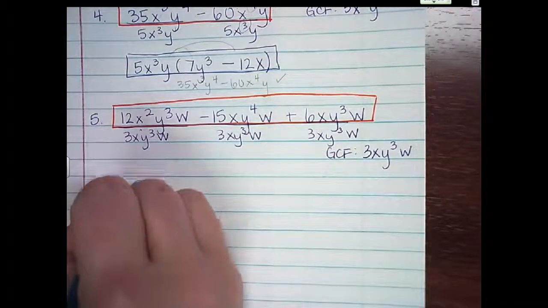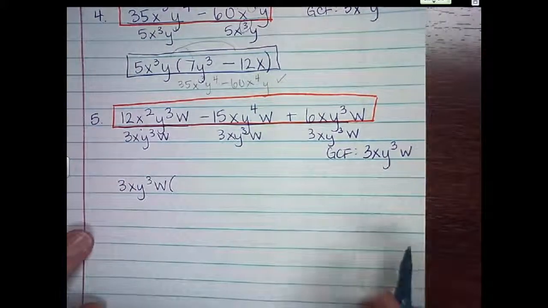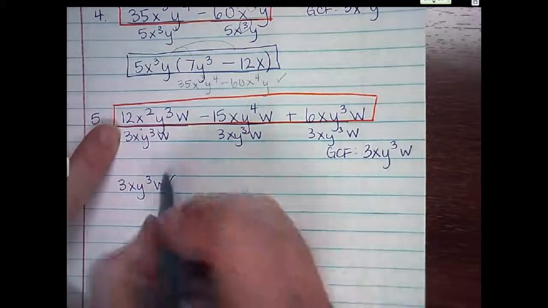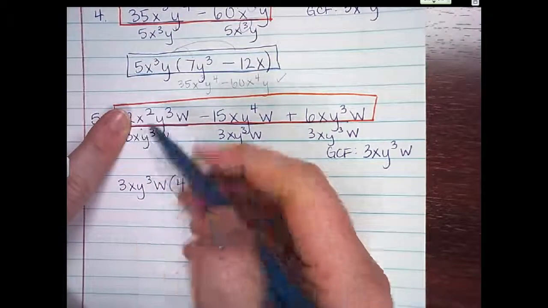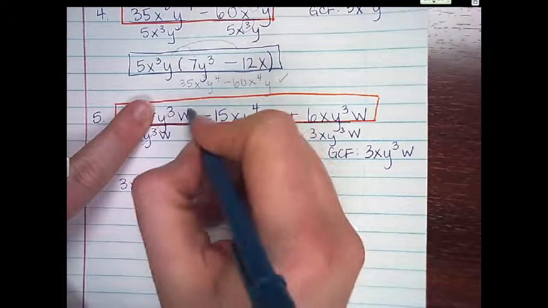So the GCF goes on the outside. Okay, so let's divide. 12 divided by 3 is 4. Then look at your x's. 2 minus 1 is 1. My y's go away and my w's go away.